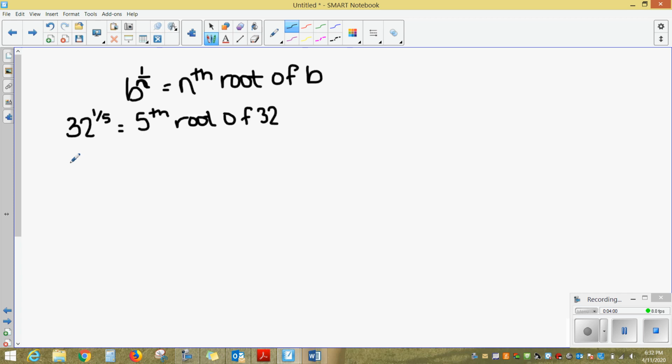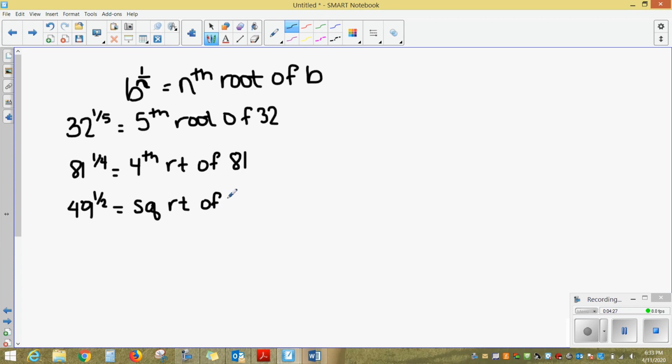If we have 81 to the 1/4 power, what that's asking in words is the 4th root of 81. If we want 49 to the 1/2 power, in words, that's asking for the square root of 49, and so on.